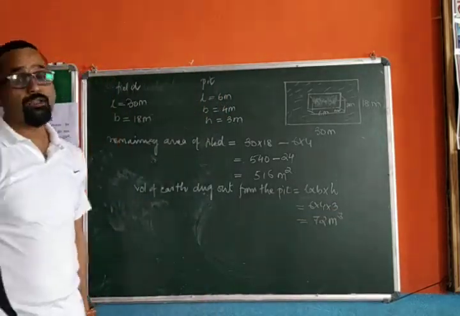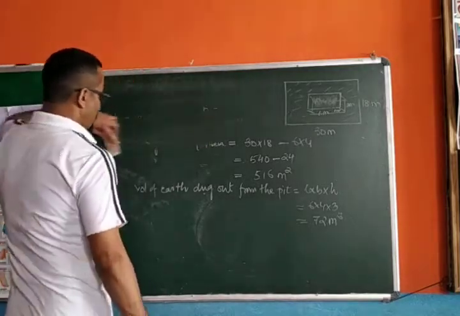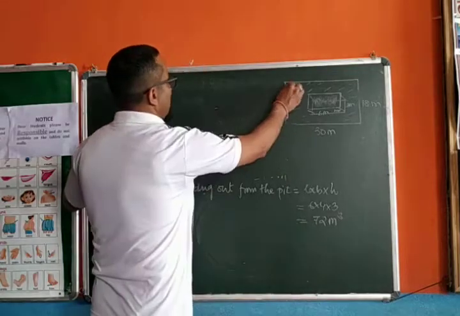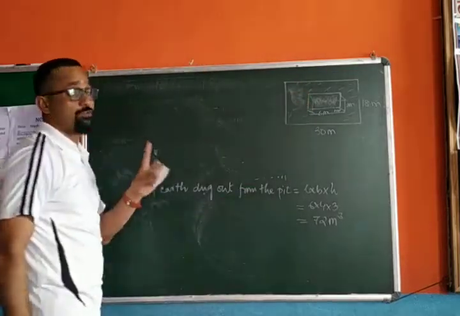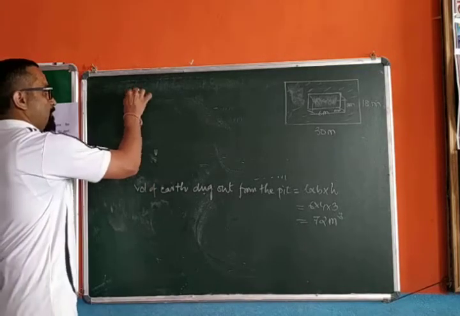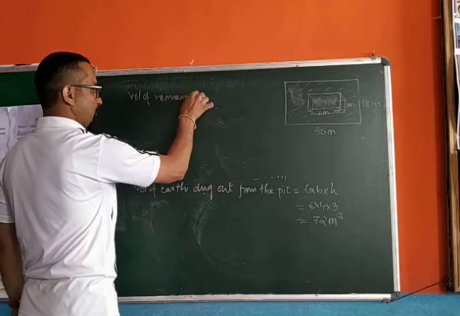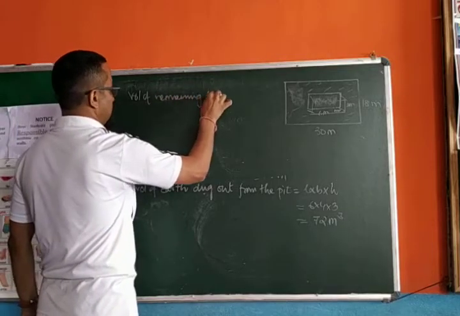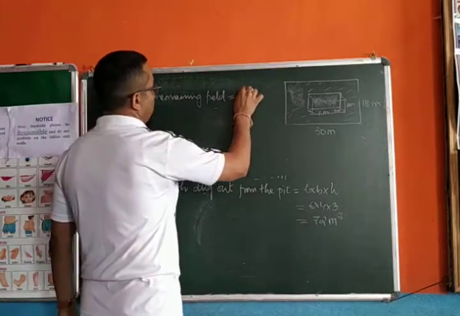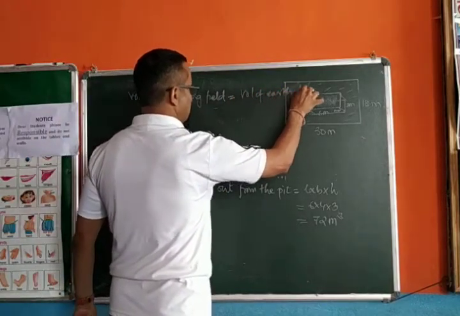Now you have to calculate the height. Look at this calculation part. Rise in the level of the field means we have to calculate the volume of the remaining field. Volume of remaining field is equal to volume of earth dug out.